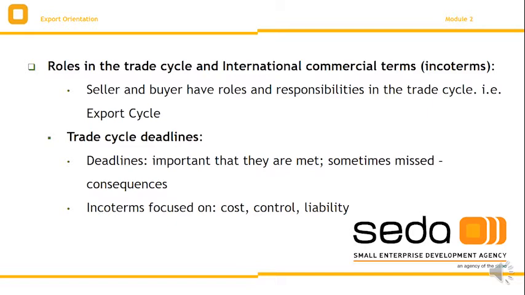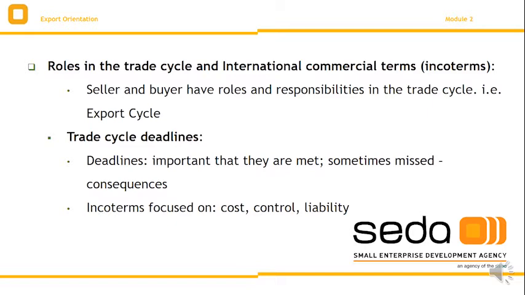In other words, it must meet the requirements of the importer, including the packaging requirements, the labeling, and transportation requirements until the goods are delivered at the place where both parties have agreed upon. And the importer has a responsibility to make sure that they pay and receive the goods at the place where both parties have agreed upon.